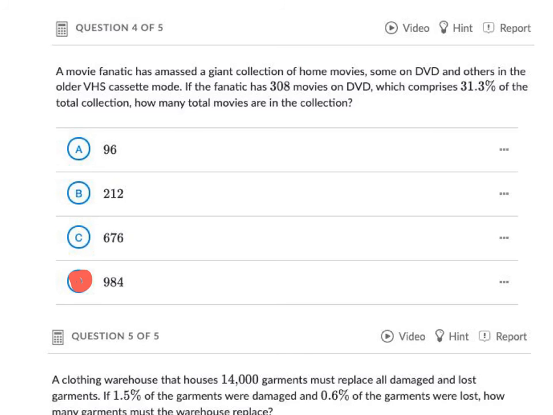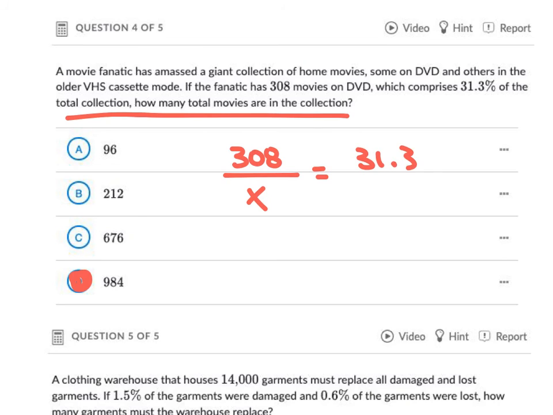If the Fanatic has 308 movies on DVD, which comprises 31.3% of the total collection, how many total movies are there in the collection? So what I did was I took 308 and divided it by the total, which we don't know. That's my x. That's going to be 31.3 out of 100.